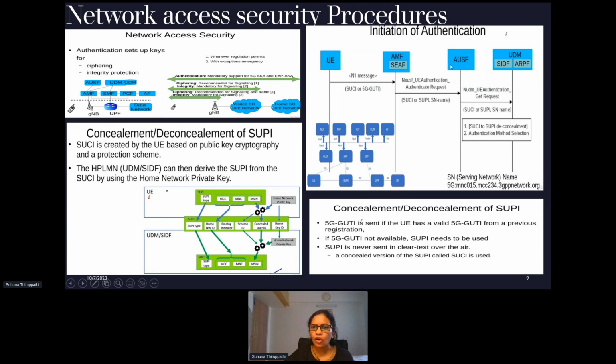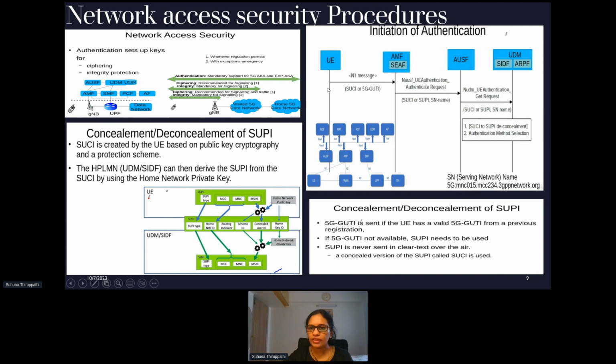So let's look at how this authentication is done. First, the UE sends a message consisting of SUCI, which is encrypted from the SUPI, or the 5G-GUTI, which is sent via the N1 interface. There is an interface between them to the AMF via the N1 interface.